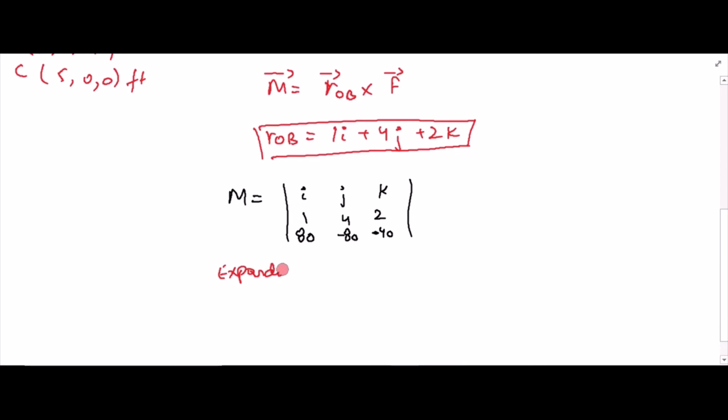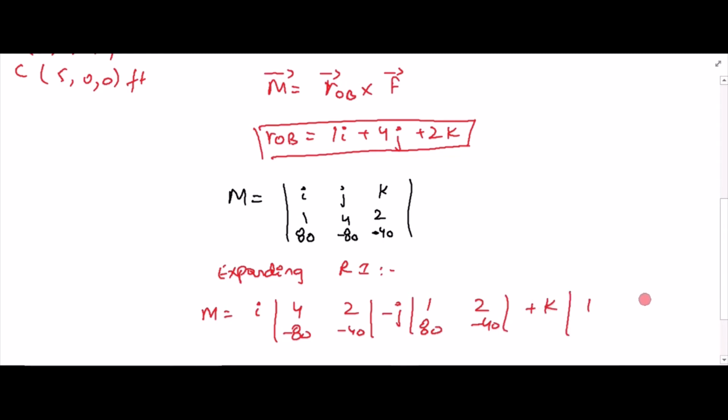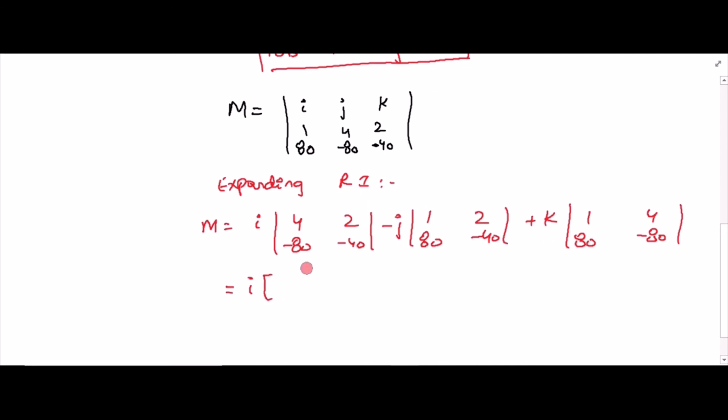Expanding from row 1, the moment is equal to i times (4 times -40 minus 2 times -80), minus j times (1 times -40 minus 2 times 80), plus k times (1 times -80 minus 4 times 80). For i, 4 times -40 is -160, and negative times negative gives plus, so it is 160 plus, which gives 0. For j, -40 minus 160, and for k, -80 minus 320.